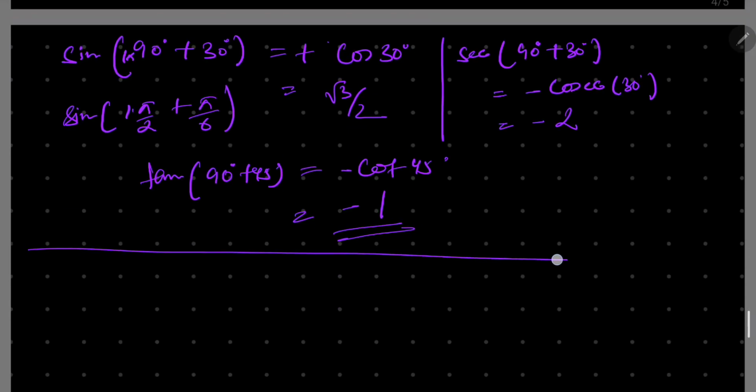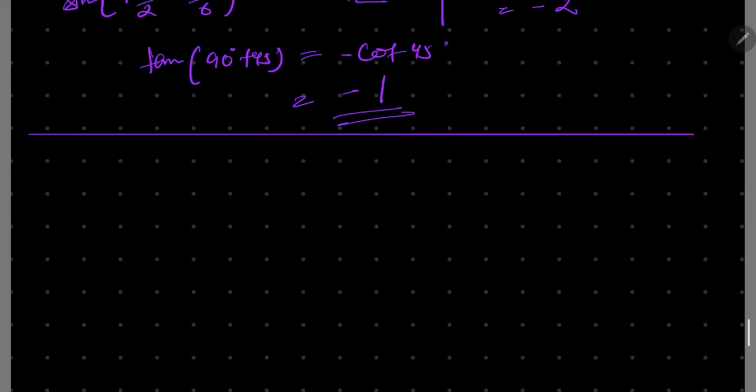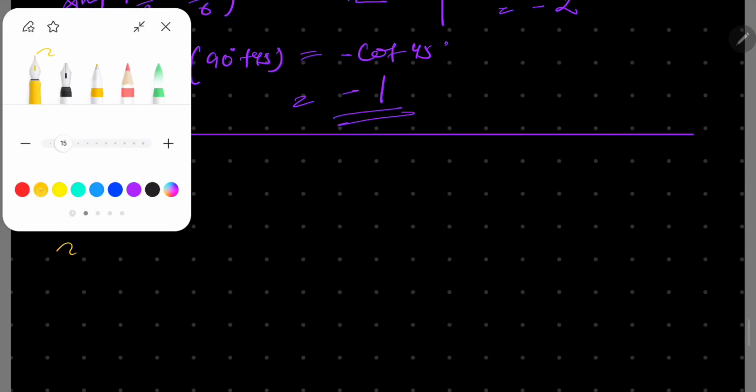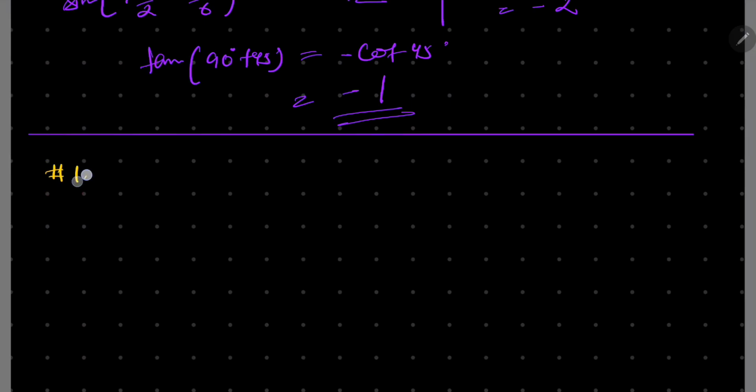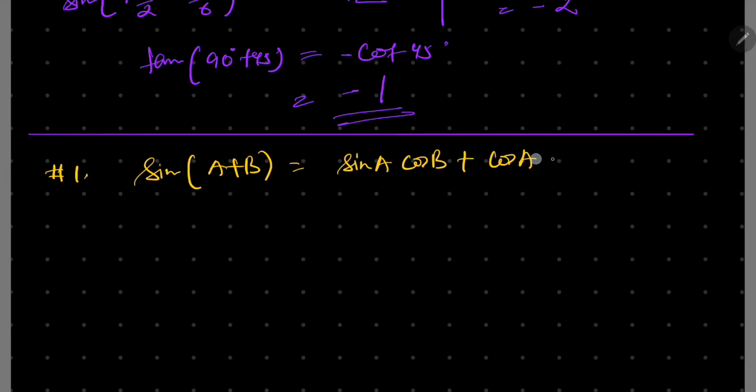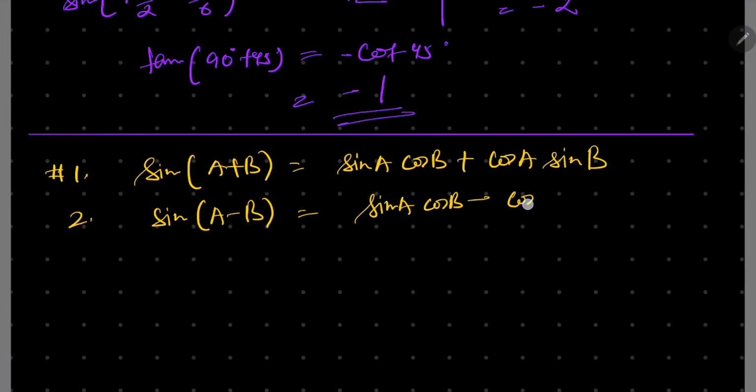This I can do. What are the other formulas? Like next, sine of a plus b, where a and b are angles: sine a cos b plus cos a sine b. Next, sine of a minus b is sine a cos b minus cos a sine b.